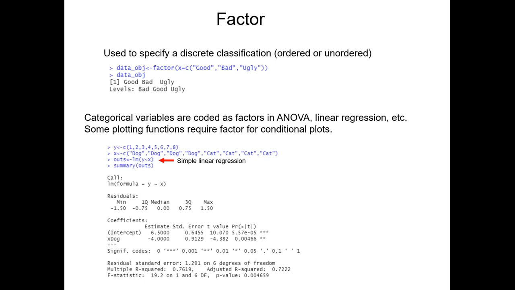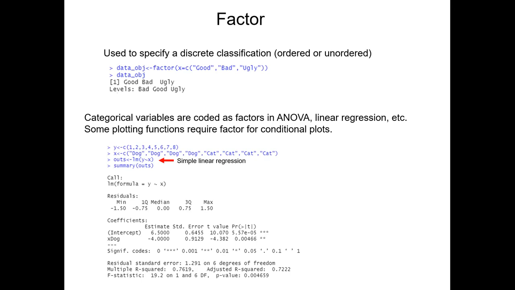In this example, Y holds the numbers 1 through 8, and then I have X for 2 categories, dog and cat. Because they're characters, this will be converted into a factor.